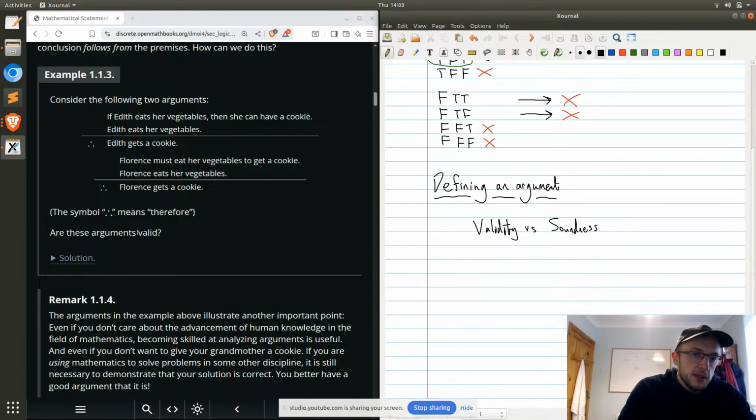Now, are these arguments valid? Yes, the first argument is valid, and it's instantiating modus ponens, I believe. It's saying if P, then Q, P, therefore Q. Although someone could quibble and say she can have a cookie is distinct from she gets a cookie.